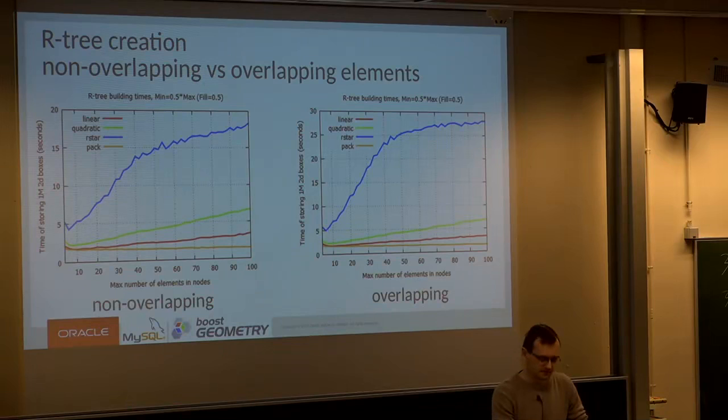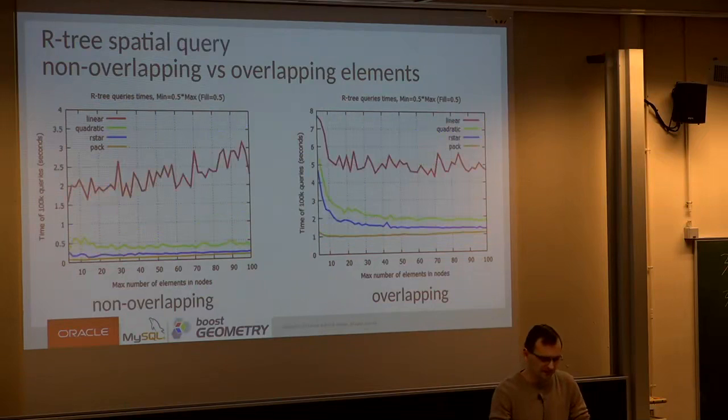Like here are times of creation for the number of elements stored in a node. So here is nothing interesting actually. Just maybe that the creation of the tree is longer for all algorithms when there is overlap.